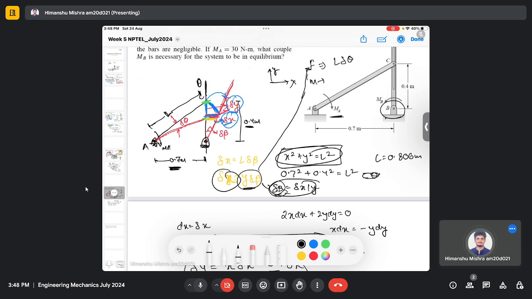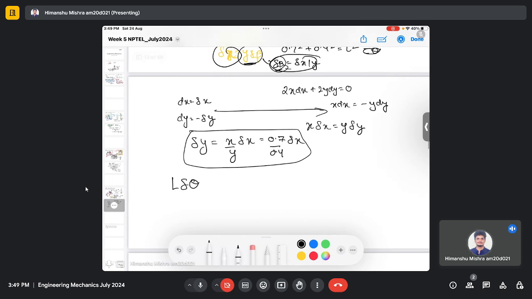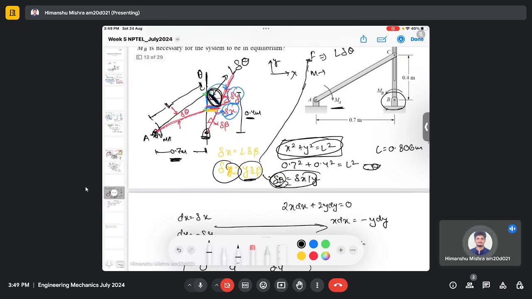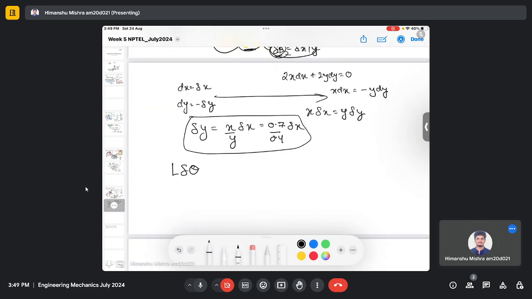this displacement, this one, which I am marking here, this is L del theta. And this can be given as, so you can see that this side is del y and this side is del x. So L del theta can be obtained by Pythagoras theorem as well, which is equal to the square root of del x square plus del y square.